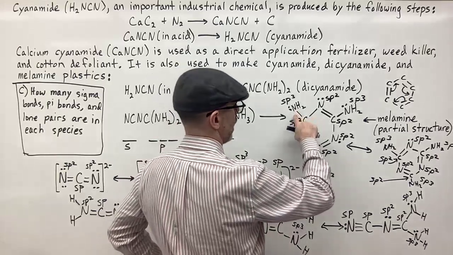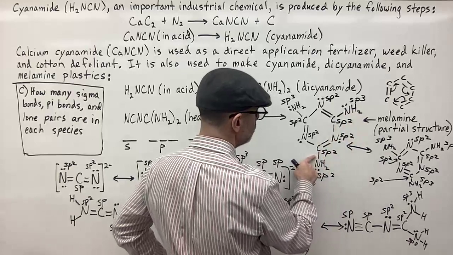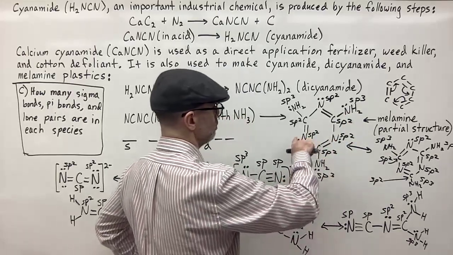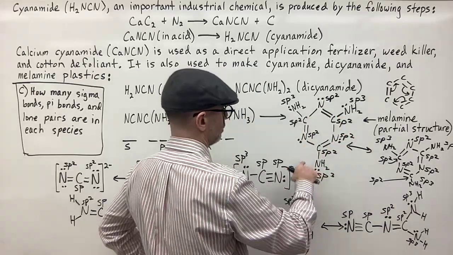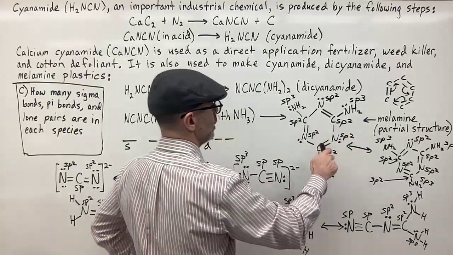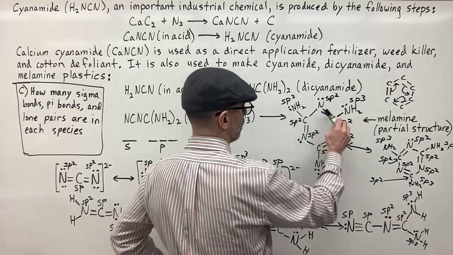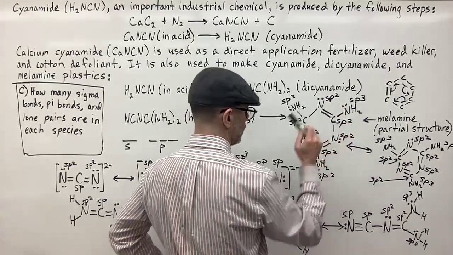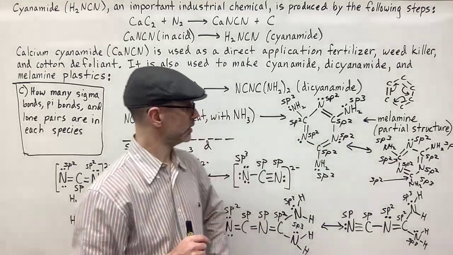We have 7, 8, 9. Okay, and so now we look at the bonds in the ring here. So we got 9 so far. So now it's going to be, if we start here, 10, 11, 12, 13, 14, 15. So we have 15 sigma bonds.